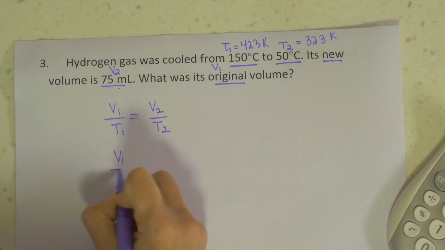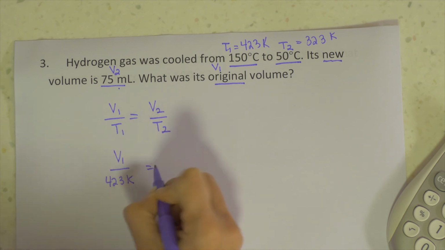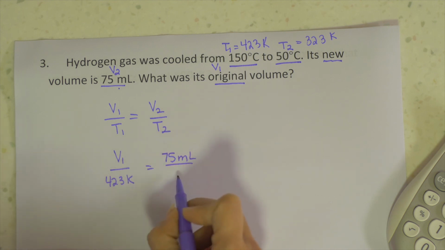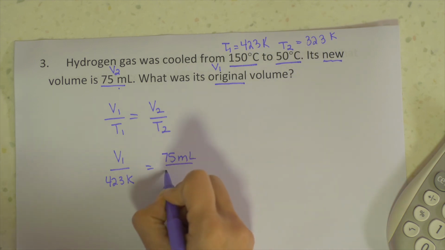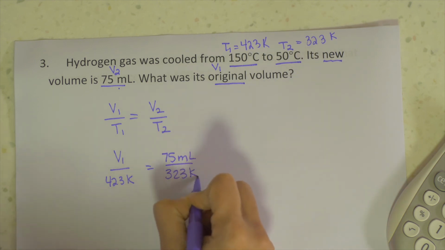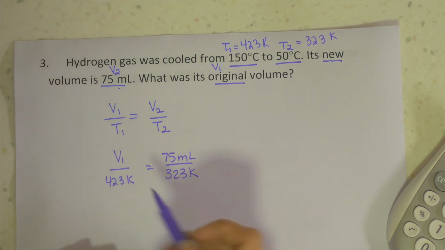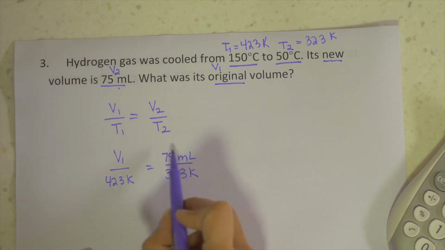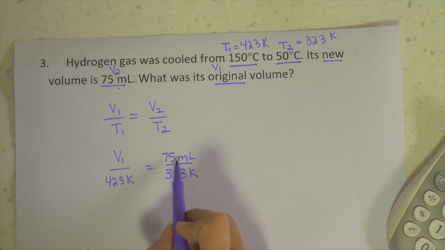V1 is the missing. T1, 423 Kelvin, equals V2, 75 milliliters, over T2, which is 323 Kelvin. Right away we should make sure our answer is right. We're doing a decrease in temperature from original to new, so my V1 should be a higher volume because it should also decrease in volume.